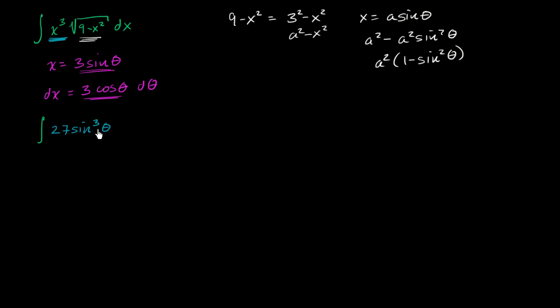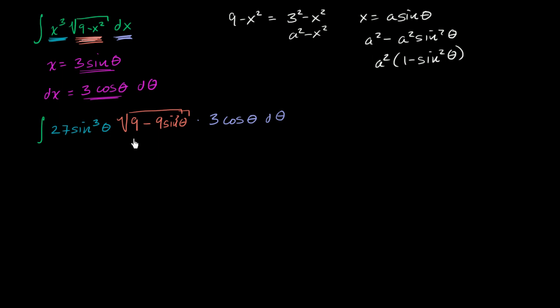And then all of this business is going to be the square root of 9 minus x squared, so minus 9 sine squared theta. And then dx is going to be equal to all of this business, so times 3 cosine theta d theta.